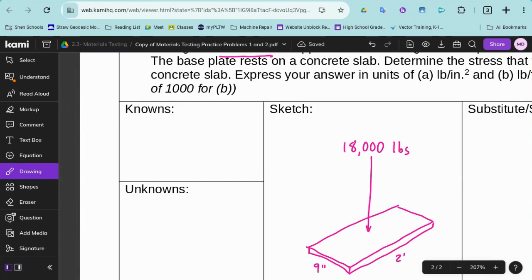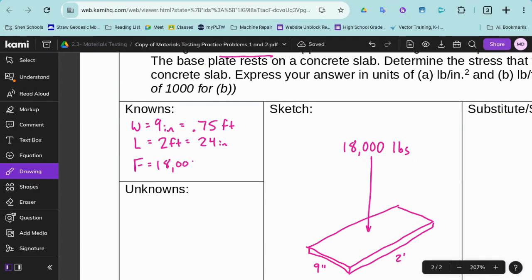So let's list what we know. We know the width to be 9 inches, and just thinking ahead a couple of steps, I'm going to also convert this into feet. So 9 inches is 0.75 feet. The length of our rectangular cross section here is given at 2 feet, which is 24 inches, and our applied force is known.